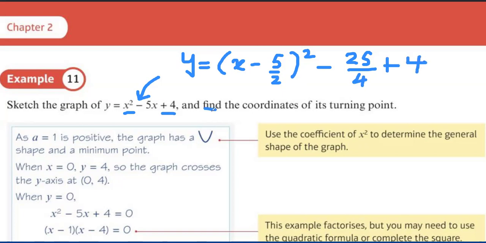That's the way. Then x minus 5 over 2 squared. Then we have to simplify. 4 into 4, 16 minus 25 means minus 9 over 4.